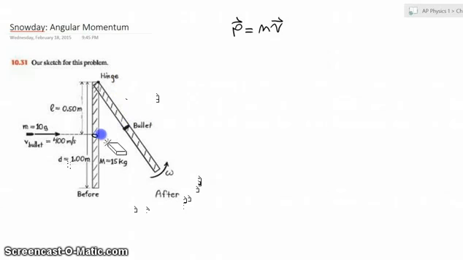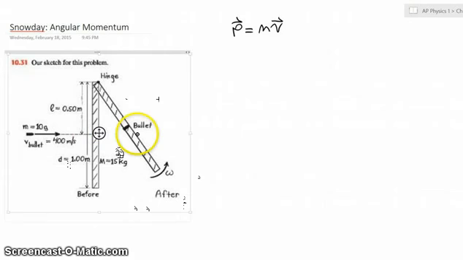And so we could think of the momentum of the bullet just before it collides with the door as being angular momentum, because from that point on, the bullet will be traveling in a circular path. So the question is, well, how do we express the momentum of the bullet in terms of angular momentum?